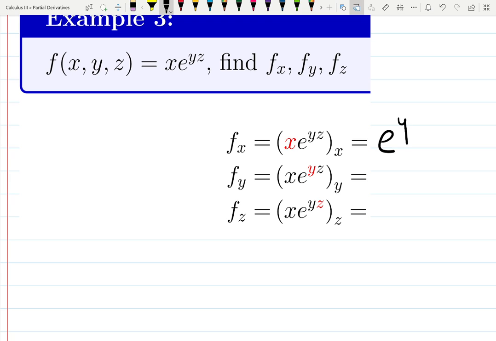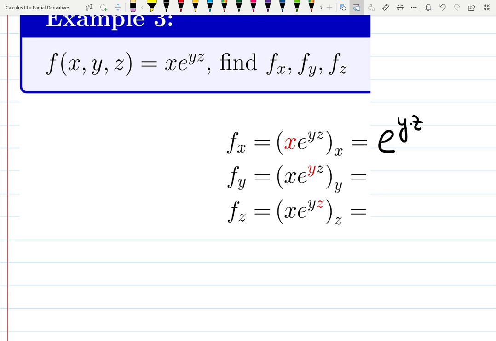E to the yz. Yes, good job. I heard weird answers, but I got what you mean, 10 and 5. Does that make sense? That is like x multiplied by e to the 10 or whatever. So this is a good point to stop. Tell me, does it make sense? X is a variable. E to whatever it is raised to is a constant. It's like e to the 17. So the derivative of that is just e to whatever it is.